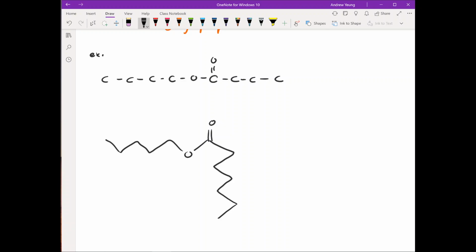The first thing you want to do is you want to recognize the fact, what functionality do I have? This functionality here is going to be shorthanded COO. That puts me in the ester functionality. So that means I just need to count how many are on the branch side, how many are on the parent side, no matter which side is longer. Okay. Now, because I'm sort of on the other side of the molecule, the oxygen side, the branch side, is actually this side here. Okay.